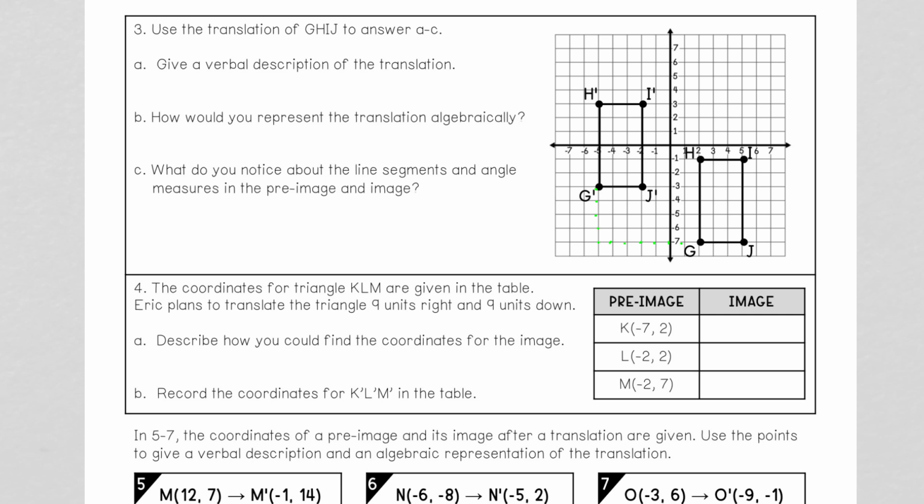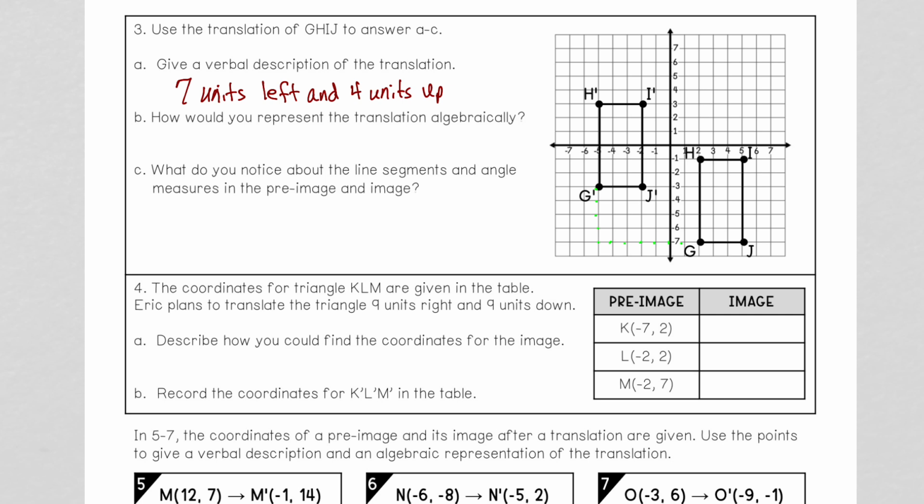So here's the description of our movement: 7 units left and 4 units up.